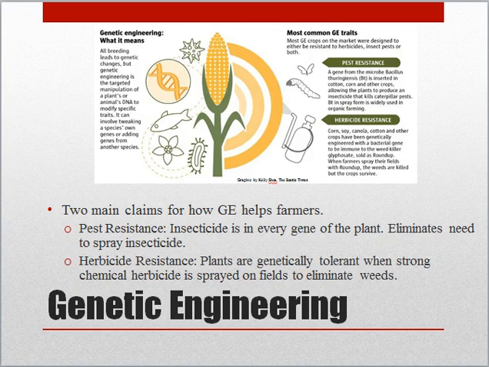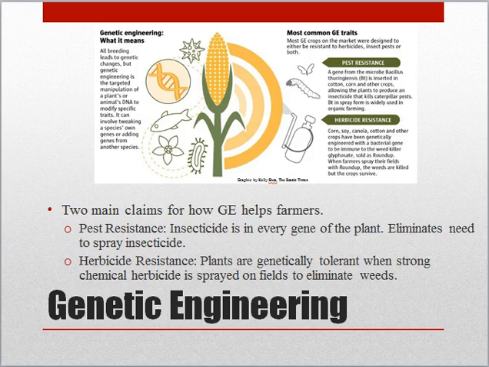There are two main claims made for how genetically engineered crops can benefit farmers. First, crops are genetically engineered to have pest resistance, meaning that the plant is inherently resistant to pests like insects. It is resistant because genetic material has been implanted into the plant's DNA, making the plant able to produce insecticide in every one of its cells.